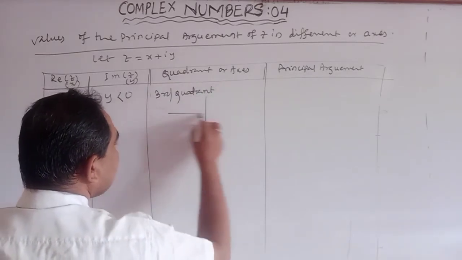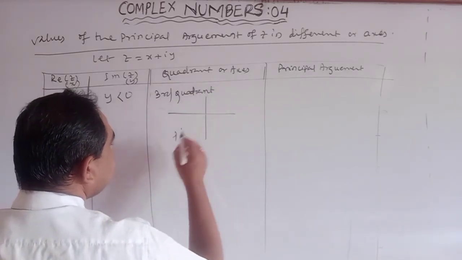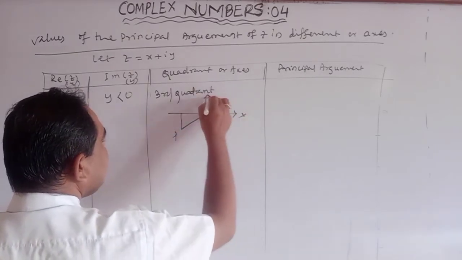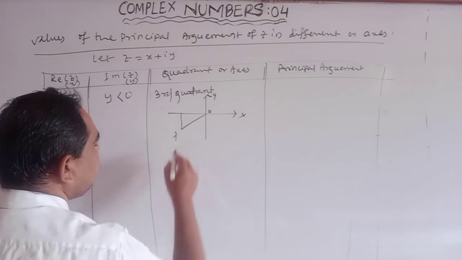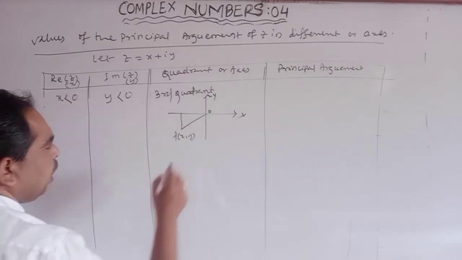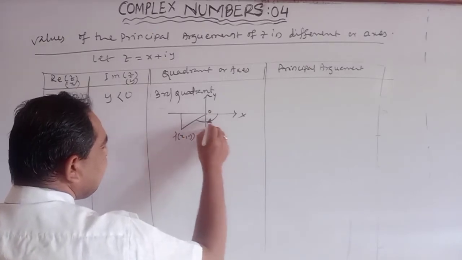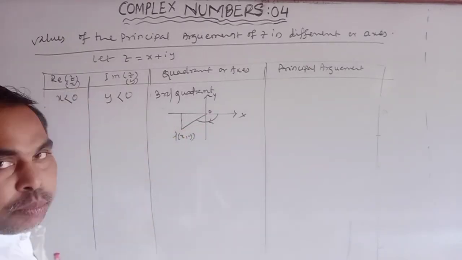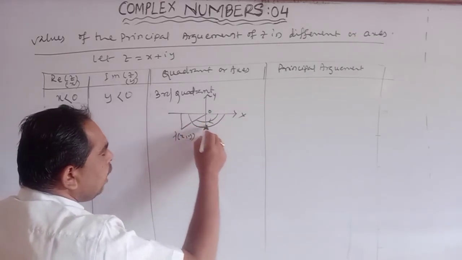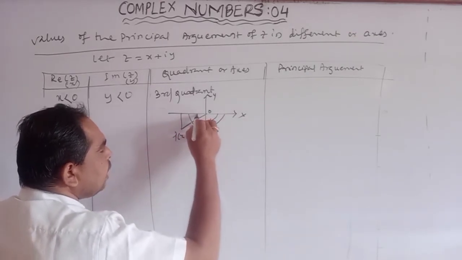This is the figure, this is the point P. Here this is the x axis, this is the y axis, this is the origin. The third quadrant, x comma y, both x and y negative. So the angle is this angle. Clockwise sense means negative. The whole one is minus pi, plus this angle.